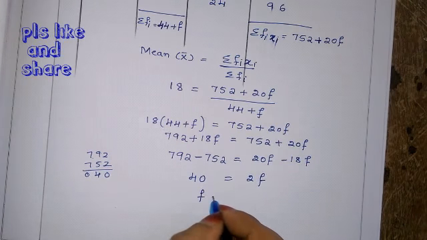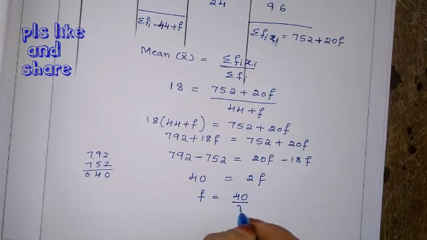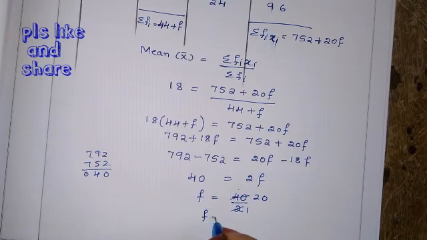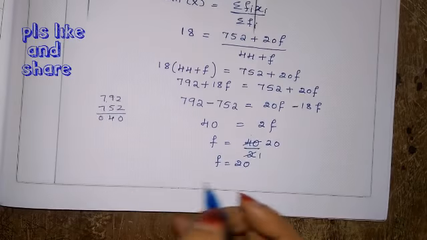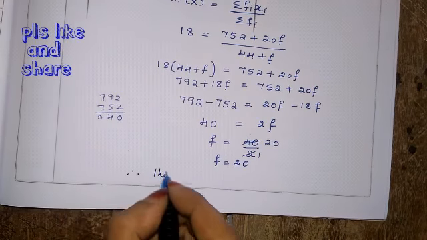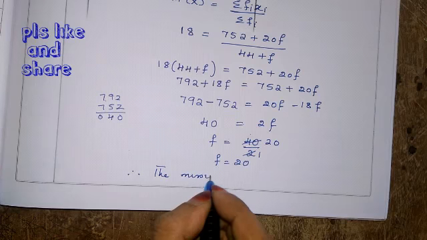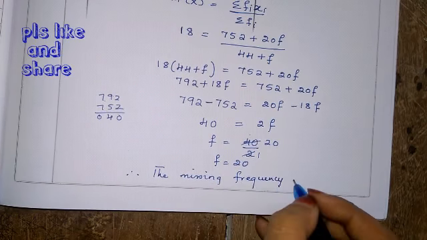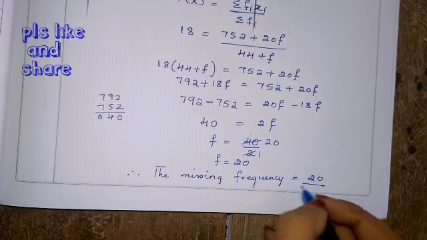So f is equal to 40 by 2, which is 20. Therefore the missing frequency, which they have asked for, is 20.